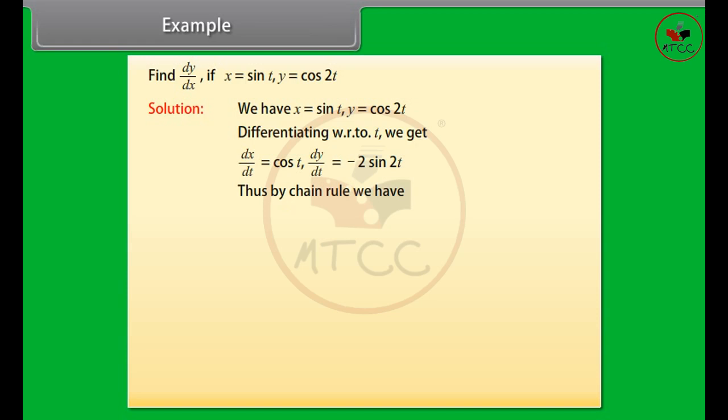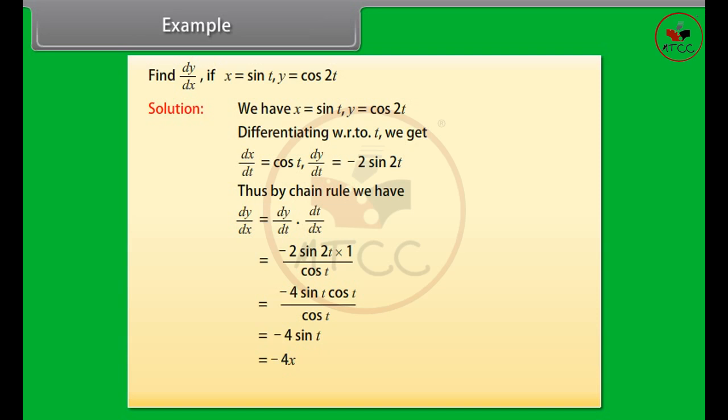Thus, by chain rule we have dy by dx is equal to dy by dt into dt by dx, is equal to minus 2 sin 2t into 1 by cos t, is equal to minus 4 sin t cos t by cos t, is equal to minus 4 sin t, is equal to minus 4x. Hence, dy by dx is equal to minus 4x.